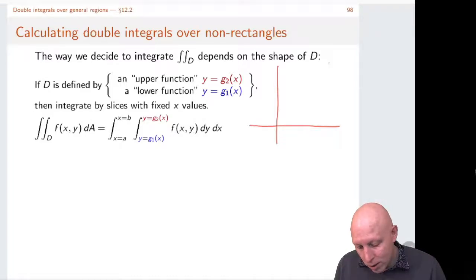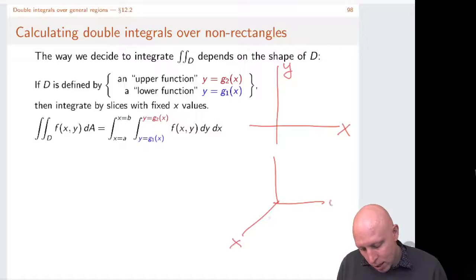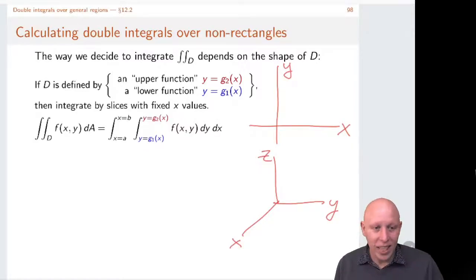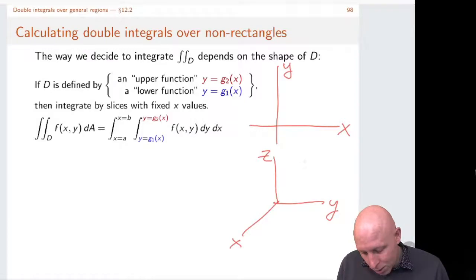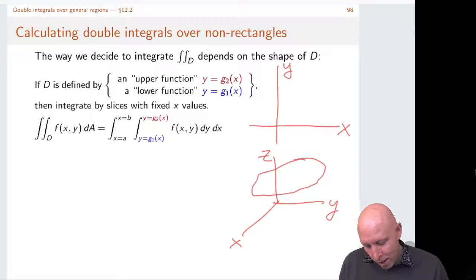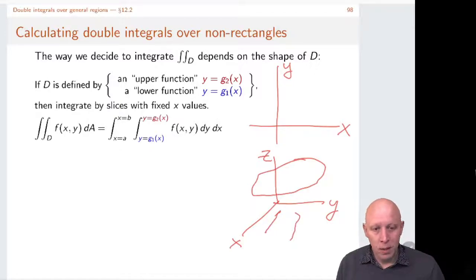The first picture is the picture of the domain, which is in the xy plane. The second picture is of the thing that we're integrating, which is some surface, and the domain is lying down here.